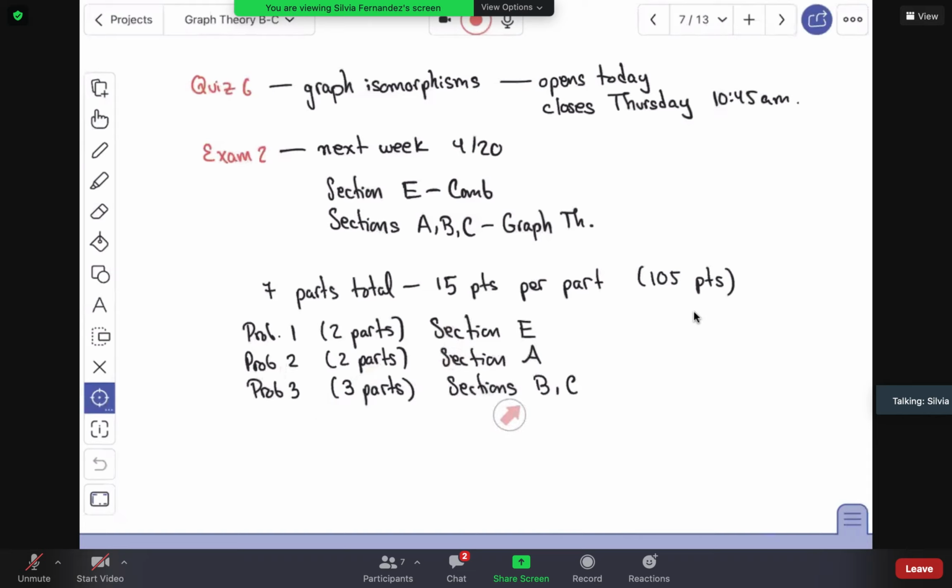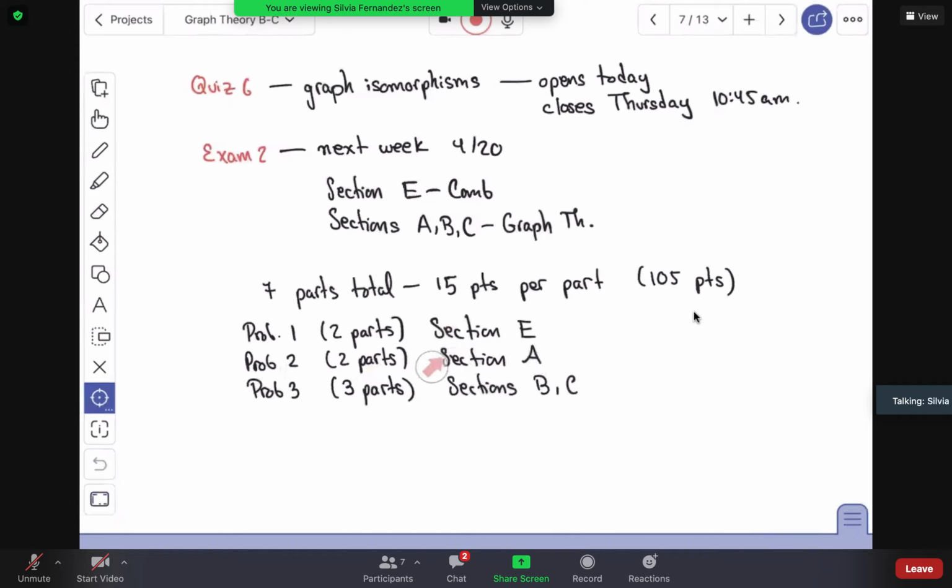All of them are about isomorphisms and bipartite graphs, which is what we did today. All 3 parts are: show that these graphs are isomorphic or explain why they're not isomorphic. And for one of those, you use bipartite graphs. That's about it for that one.